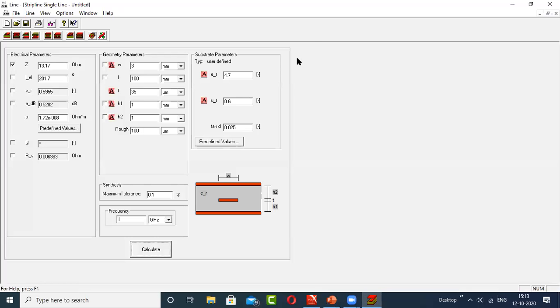Now we'll use the software. Already we have used the line software. So once again we are going to use this software for the sake of analysis of strip line.